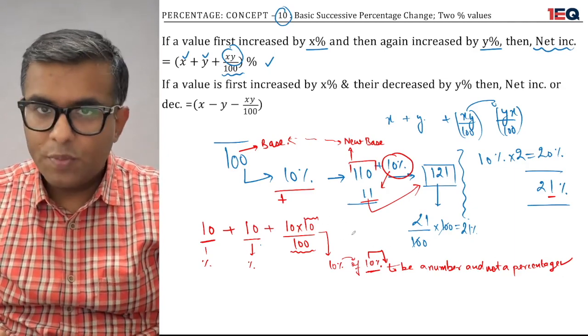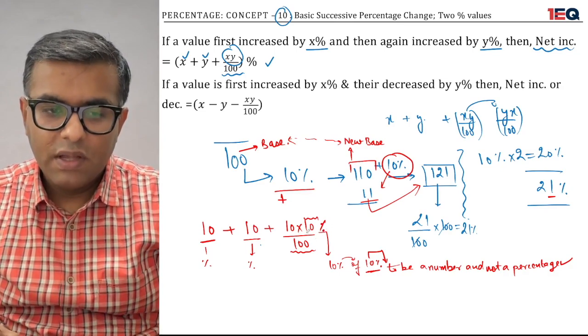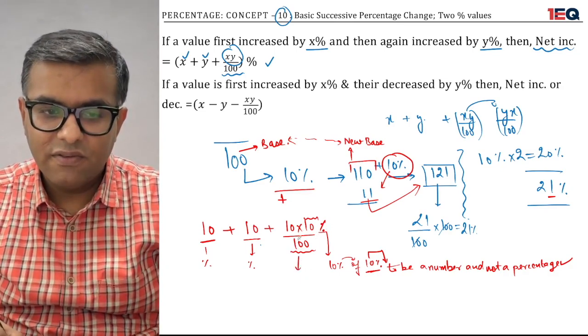That is why two percentage signs won't come. Only a single percentage sign would come. And this would give me a final answer of 1.